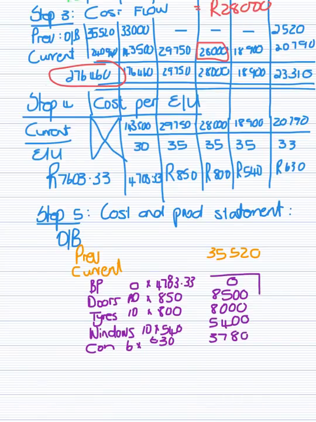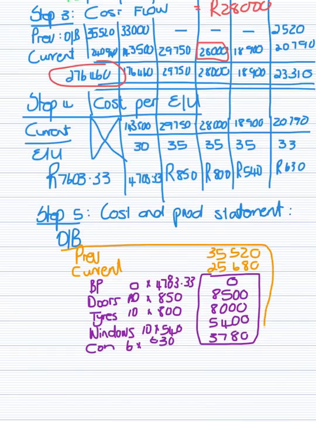I can now add these ones together, and it gives me 25,680. If I now add together all of them, I will have the total value of my opening, which is 61,200. We are nearly there.